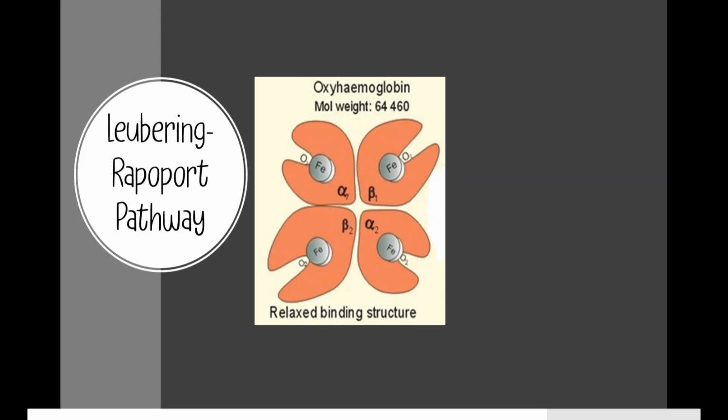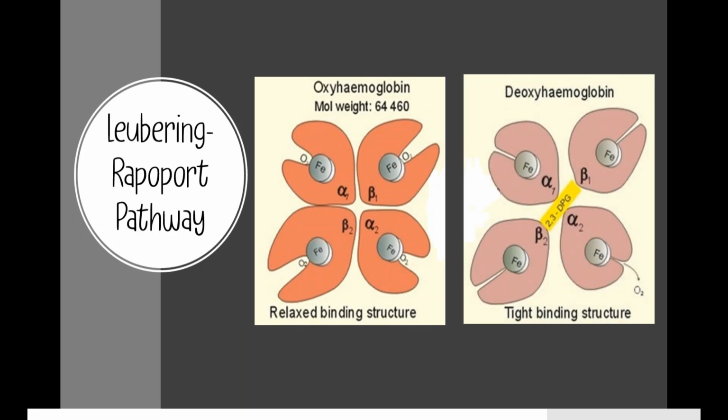But it's not forever that oxygen will be bound to hemoglobin, because oxygen has to be unloaded and delivered into the tissues where it is needed. So the unloading of oxygen causes the beta chains of the hemoglobin to be pulled apart, as in this presentation here. Now, this pulling apart of the beta chains allows the entry of 2,3-DPG.